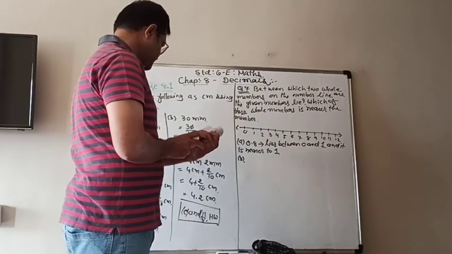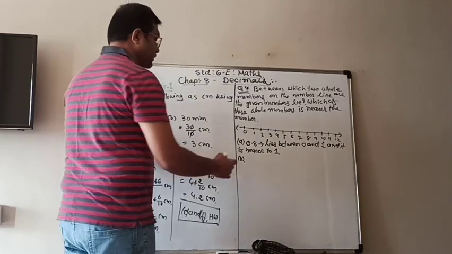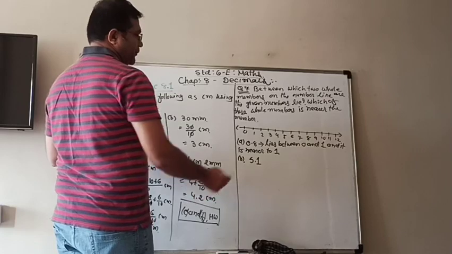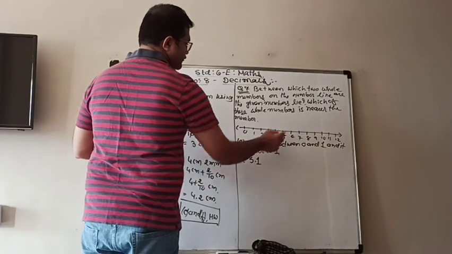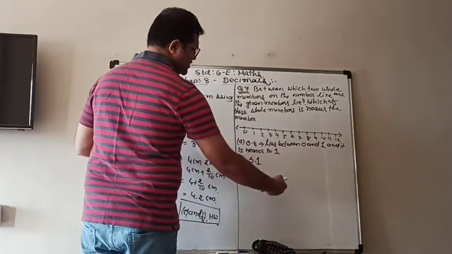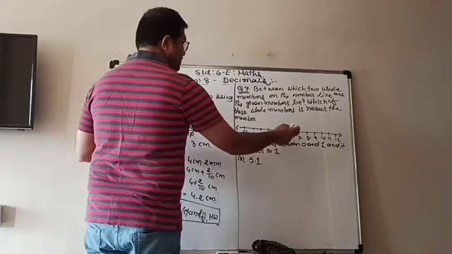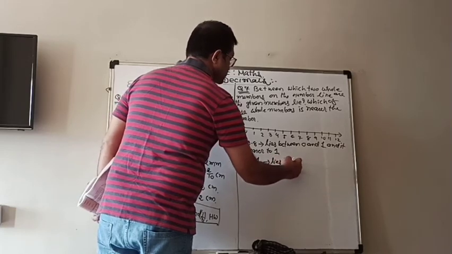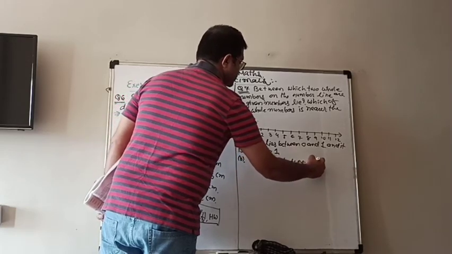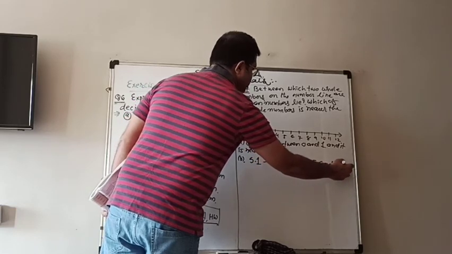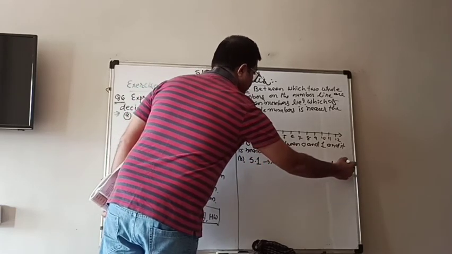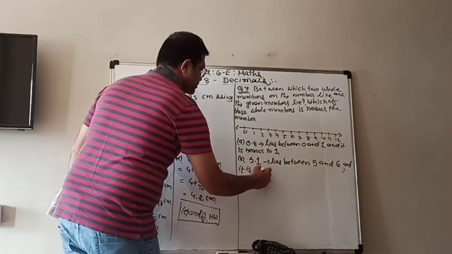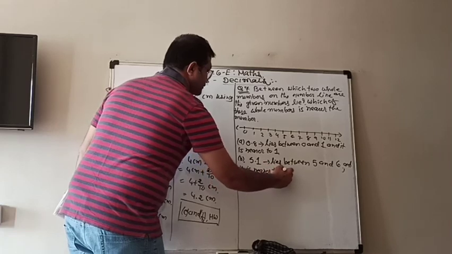Next number is 5.1. Now 5.1 will lie between 5 and 6, and 0.1 means just next to it. So it will be nearer to 5.